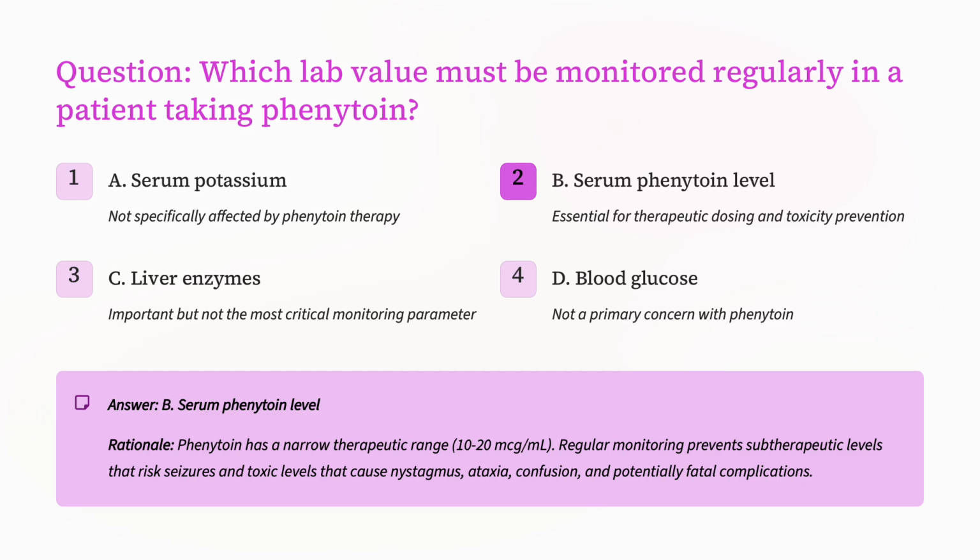So if a patient can die from having a toxic phenytoin level, is that more important than the liver dying? Yes, the liver can die from taking this, but we're going to have signs. So the most important would be the phenytoin level because it can lead to death.